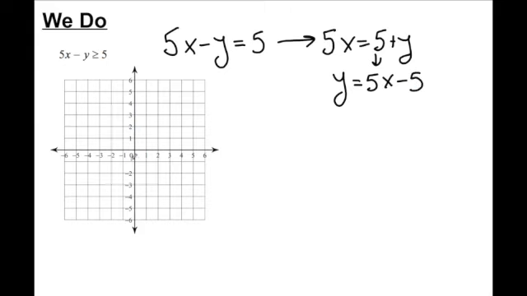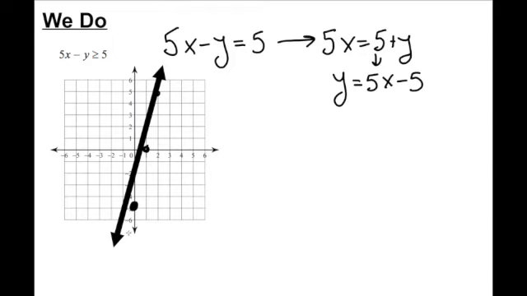So that means I have an intercept of negative 5 and a slope of up by 5 and over by 1. Okay, let's go ahead and plot. Am I going to have a solid or a dotted line? It's going to be solid.